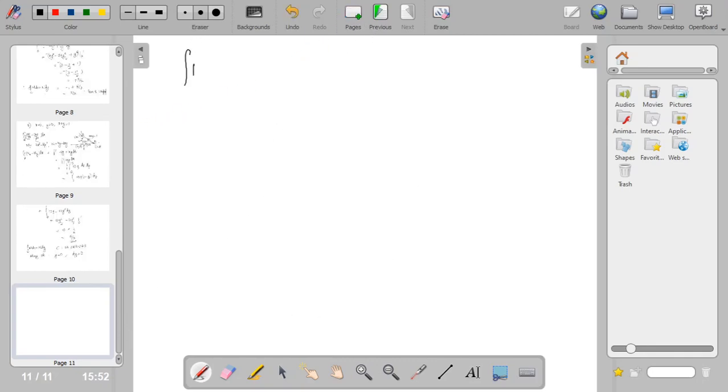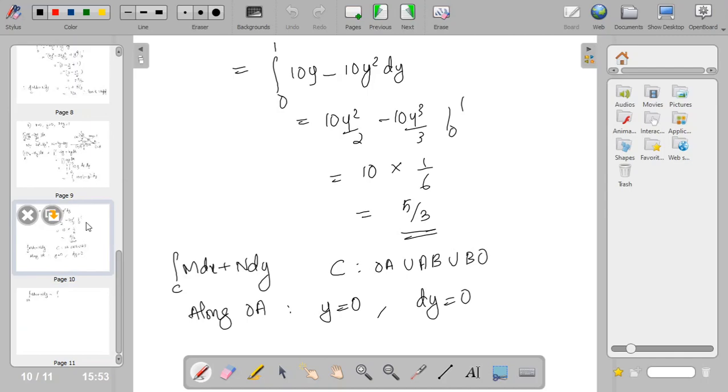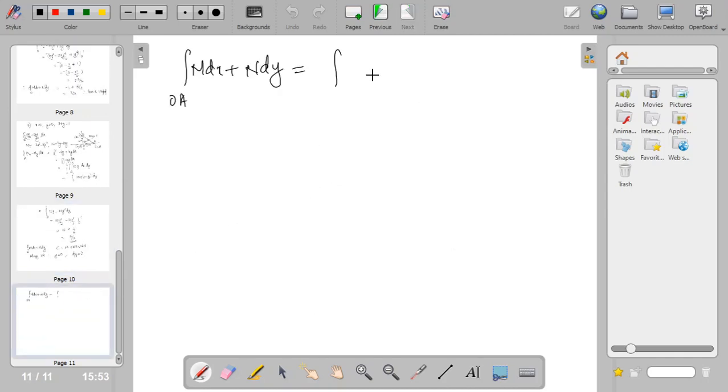So integral m dx plus n dy along OA, with y equal to 0, you will get 3x square dx, രണ്ടാമത്തെ term 0 ആവും. So x will vary from 0 to 1. So that is x cube from 0 to 1. So you will get 1.